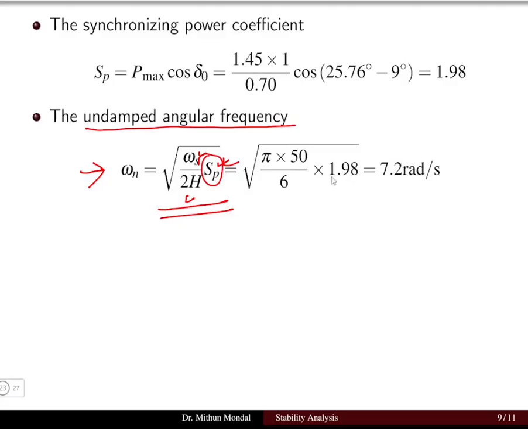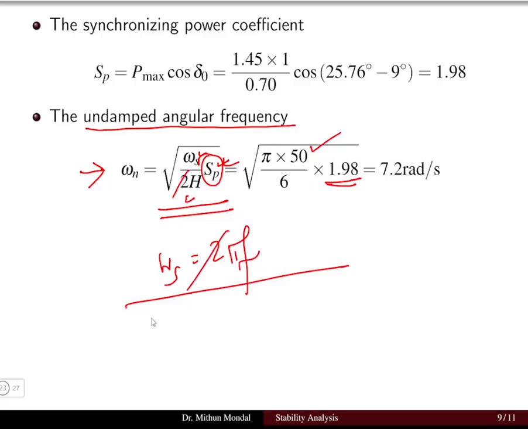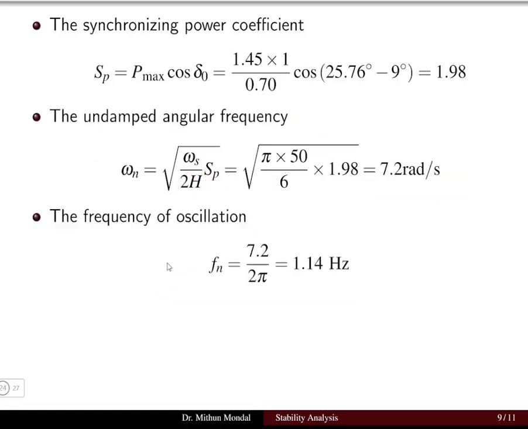The synchronizing power coefficient we got is 1.98, and omega s is 2 pi times frequency. The frequency being 50 hertz, the 2 and 2 cancel each other, and the inertia constant is given to be 6. So we can determine this to be 7.2 radian per second as the angular frequency of the undamped system.